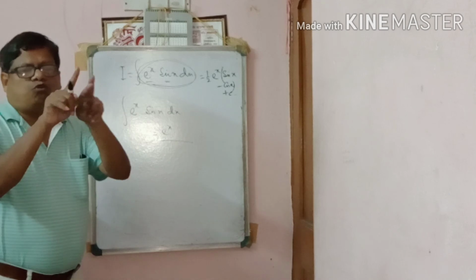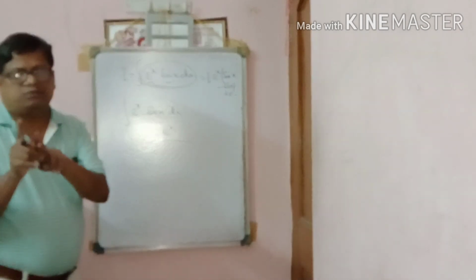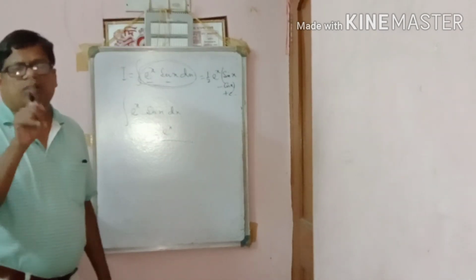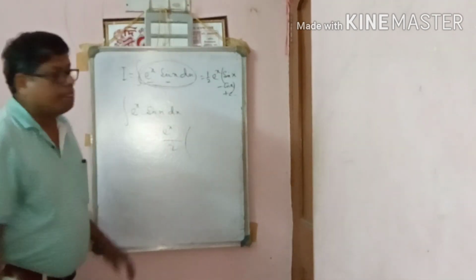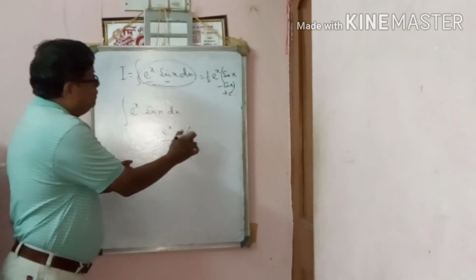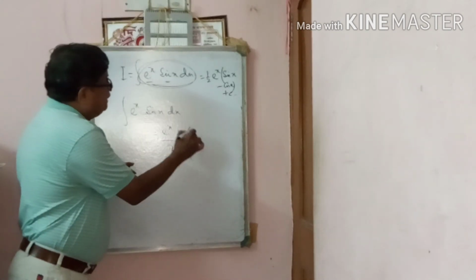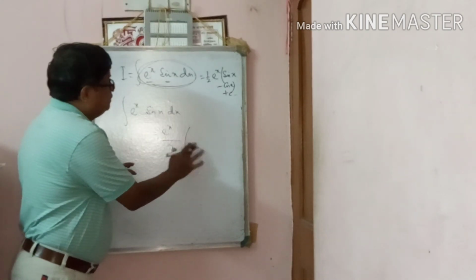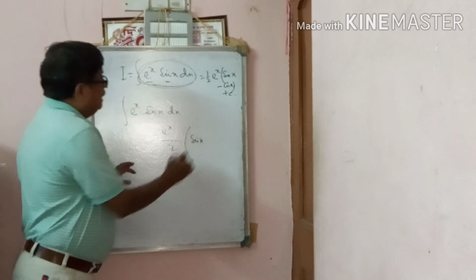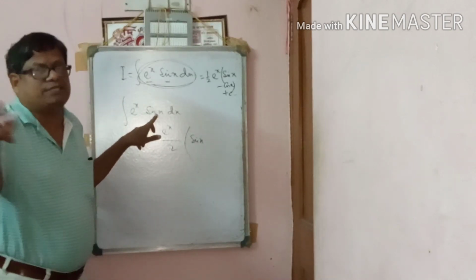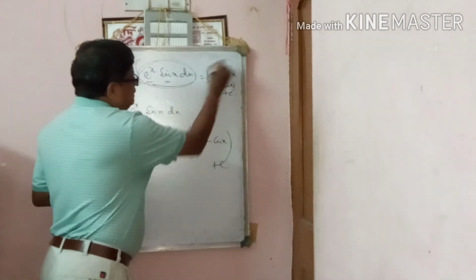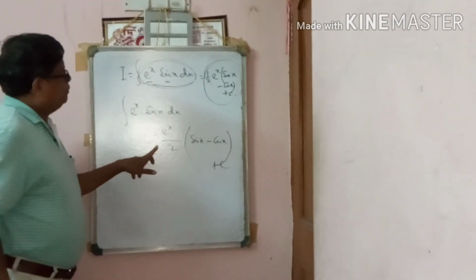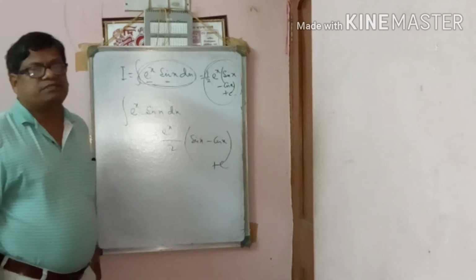So 1 square plus 1 square, that is 1 plus 1, 2, right? Into 1 times sin x, no change, and sin x is the derivative of minus cos x, so minus cos x plus c. See, answer is coming: e to the power x by 2 times (sin x minus cos x) plus c.